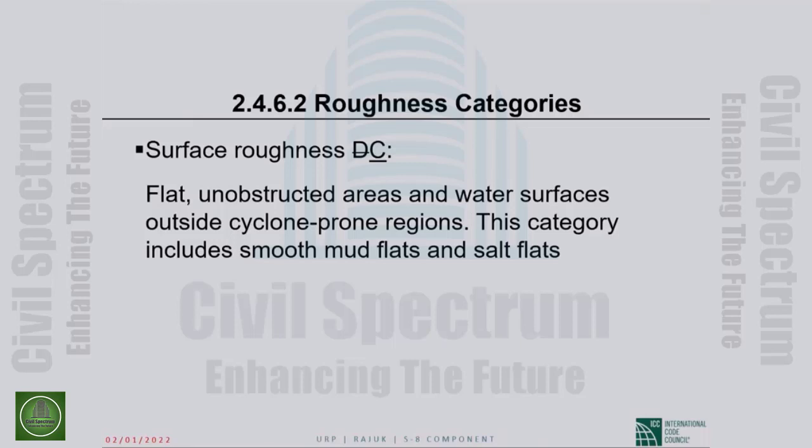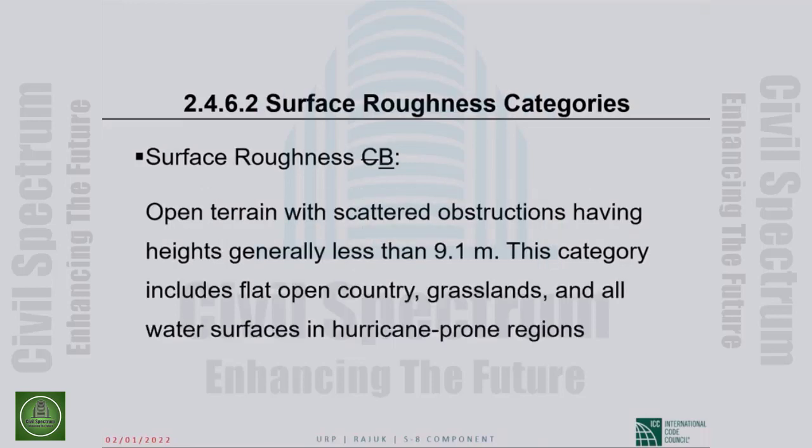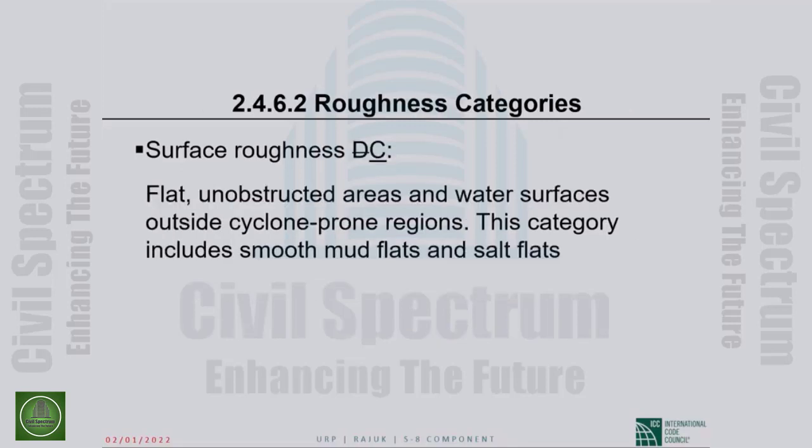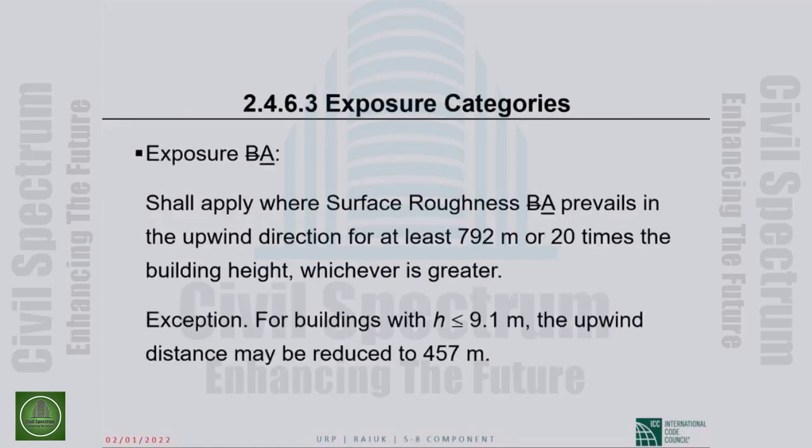Okay, so in cyclone-prone regions you cannot have roughness category C. The worst is B. When wind is coming over a large body of water that is not in a cyclone-prone region, then you have surface roughness C. This category includes smooth mud flats and salt flats, if you have any. Okay, so we have roughness categories A, B, and C.